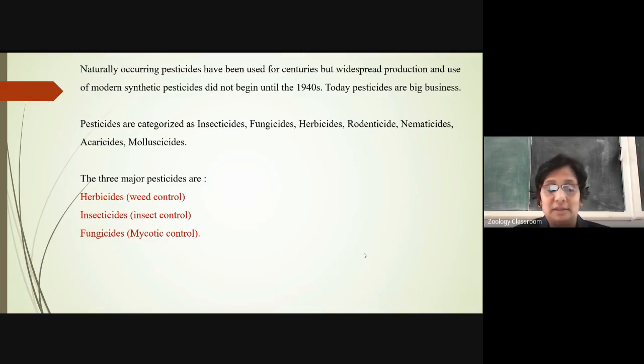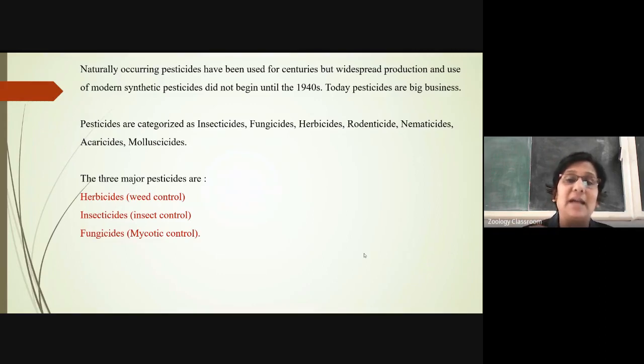pesticides are big business, and billions of pounds of pesticides are used in the United States per year. So pesticides are one of the biggest businesses.